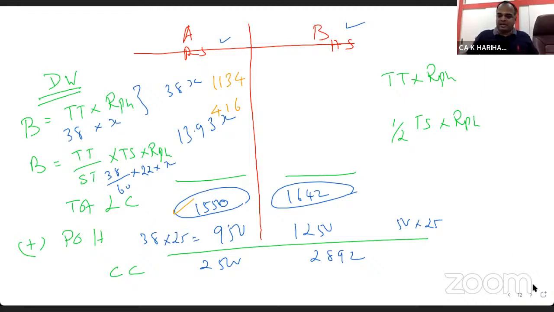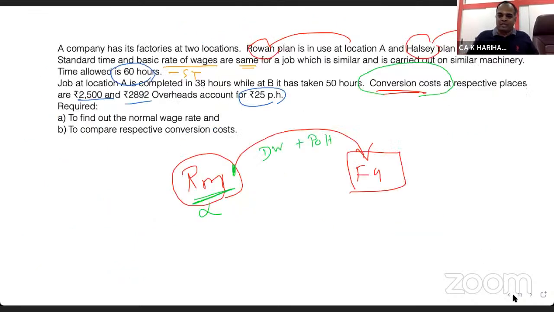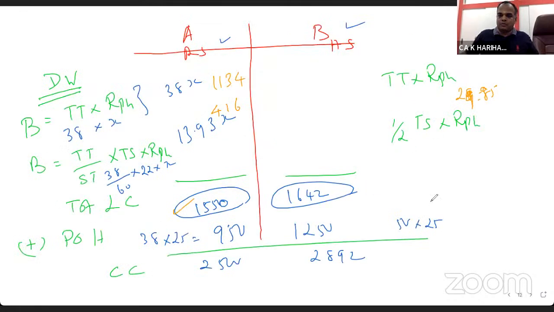Yes. Similarly, same thing applicable for location B with 29.85. Time taken in location B, how many hours? They said 50 hours. Am I right? So 50 into 29.85 is equal to 1493. Then half of the time saved.